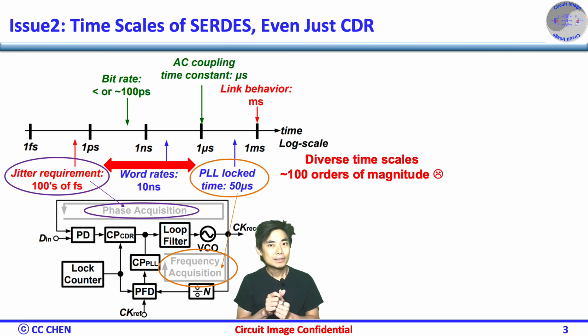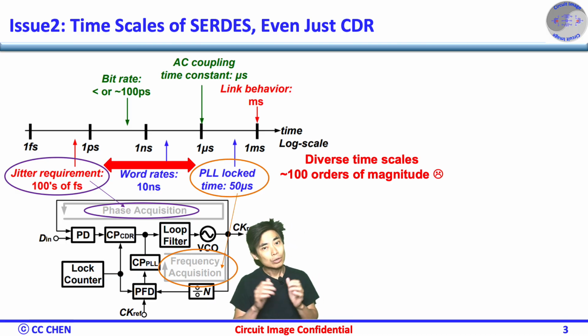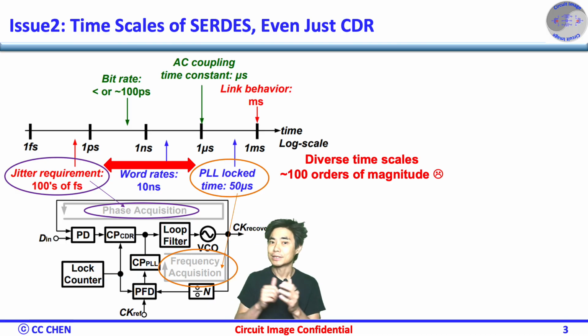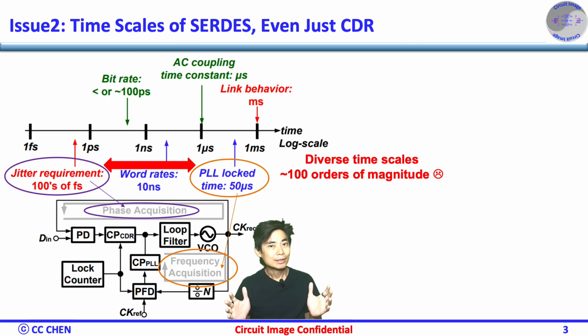Jitter requirements can be in the hundreds of femtoseconds. Bit periods range from tens of picoseconds to a few nanoseconds per bit. Then we have AC coupling, which introduces time constants in microseconds. And the PLL lock time can stretch out to 50 microseconds or more.